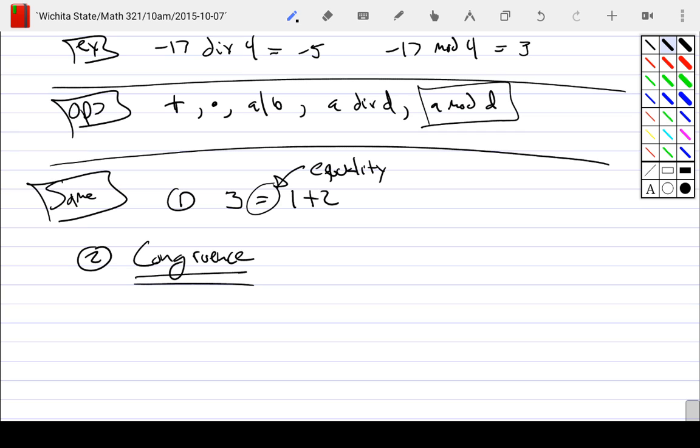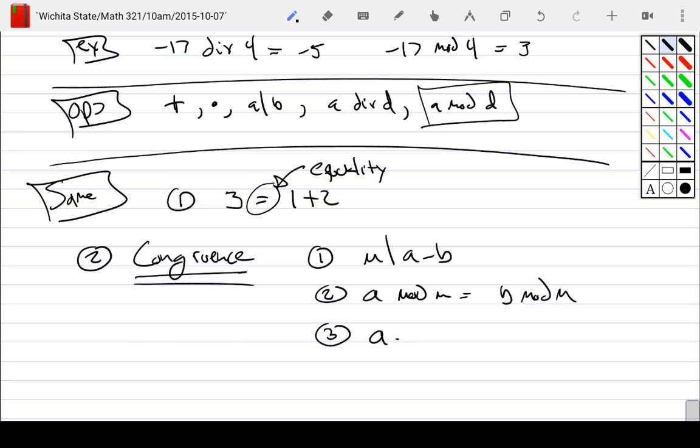Congruence has 3 forms. First form, m divides a minus b. Second form, a mod m equals b mod m. Or the third form, a is b, but plus some sort of multiple of m. And this is congruence, always mod m.